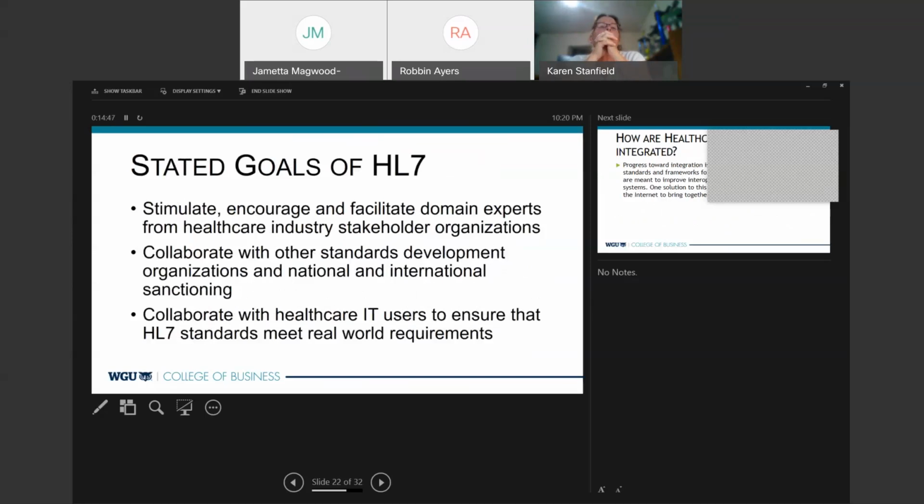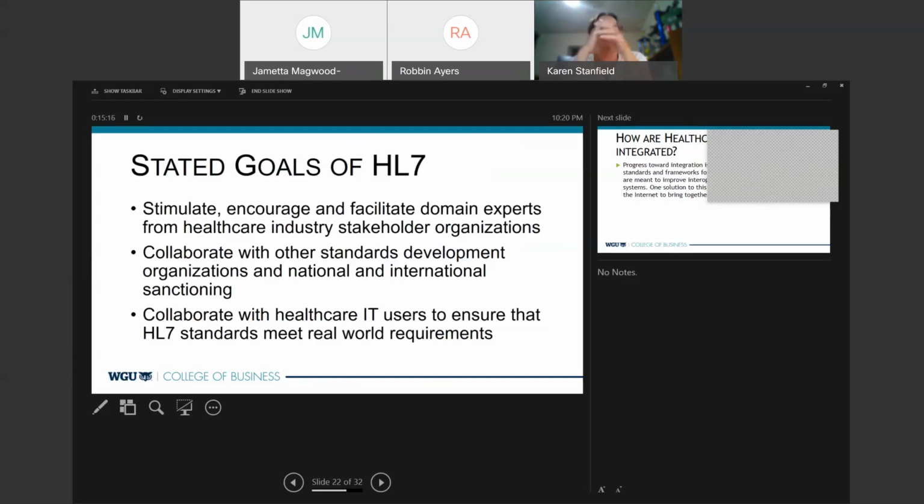Okay. The goals of the HL7: stimulate and encourage domain experts from the healthcare industry, right? Remember, one of the challenges we had was slow motivation for interoperability. Well, once we found a way to help make it interoperable to increase the ability to interface, then of course more individuals were encouraged because they knew it was possible.